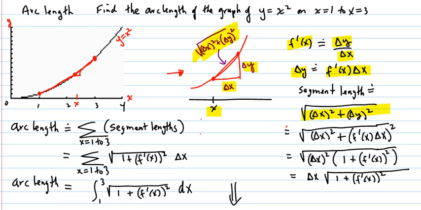But now we realize that the delta y is approximately equal to this, so we put it in there, and that's right here. And then we factor out a delta x squared, and then the square root of delta x squared is delta x, so we just have this statement here.